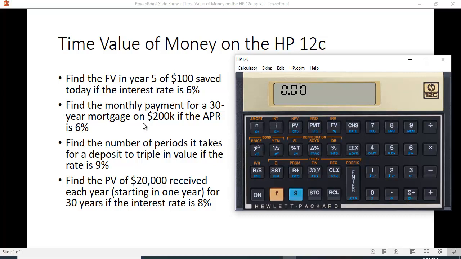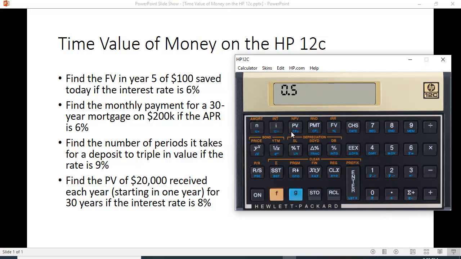I'm going to hit the function key F and clear financial functions. So let's find the monthly payment for a 30-year mortgage on a $200,000 loan if the APR is 6%. That's an annual percentage rate, but we want the monthly rate, so you'll divide this by 12 and get 0.5%. A 30-year mortgage is 360 months.